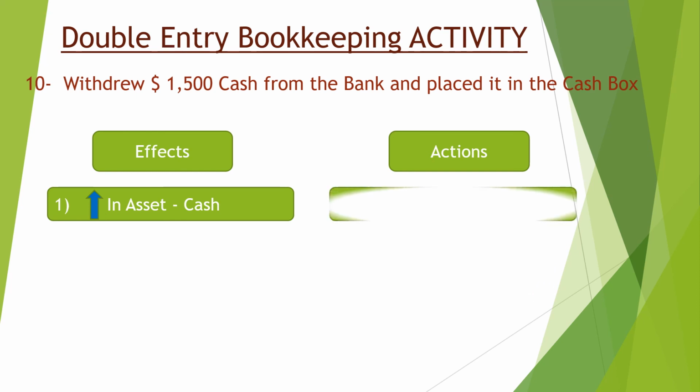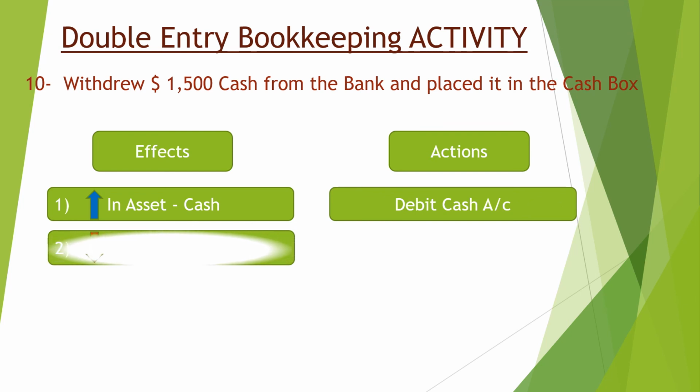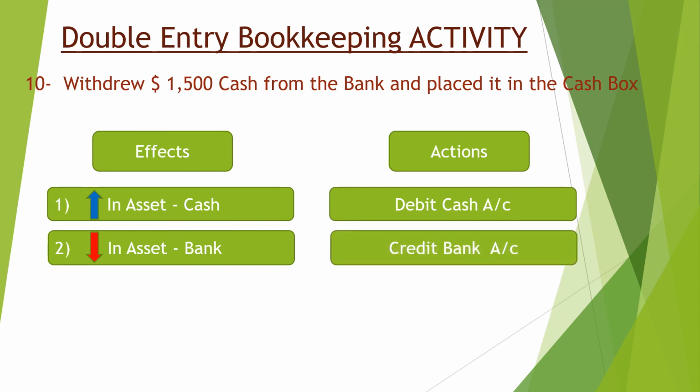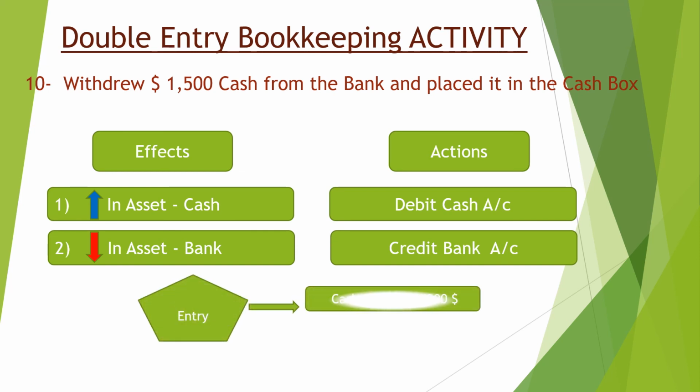So the cash account is debited. And again, decrease in asset, which is bank, because the money came from the bank, the bank balance decreases, so the bank will be credited, and the final entry would be cash account debit by 1,500 and bank account credit by 1,500.